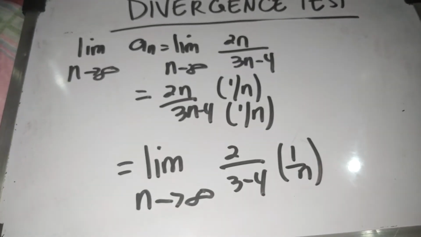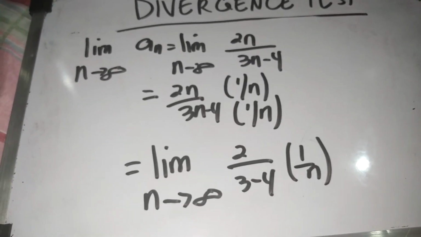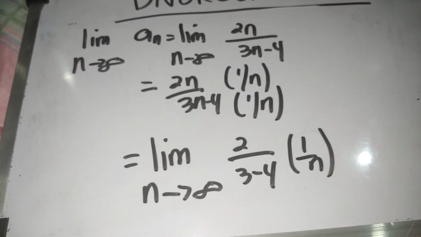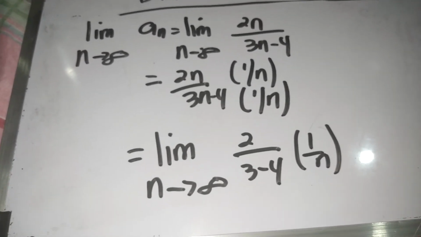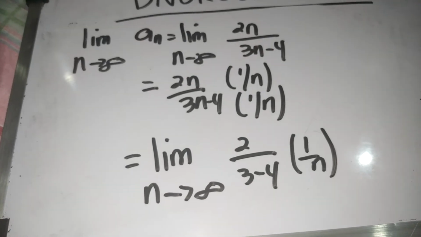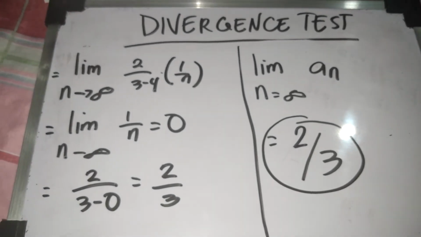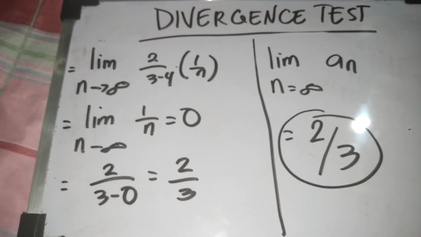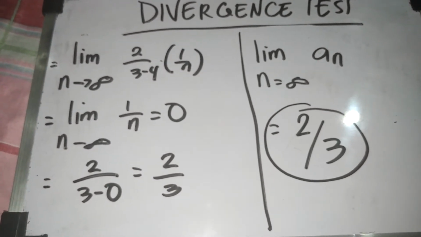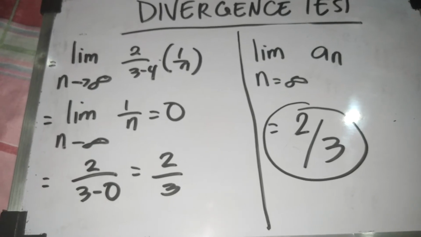So this is going to be 2 over 3 minus 4 times 1 over n. Now, keep in mind that the limit as n approaches infinity of 1 over n will always be 0.